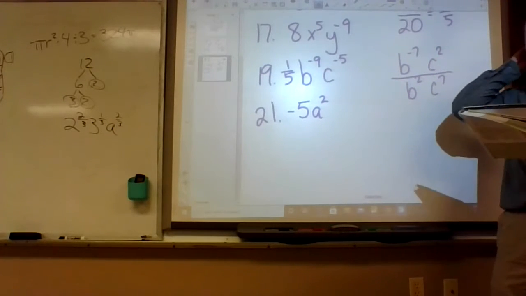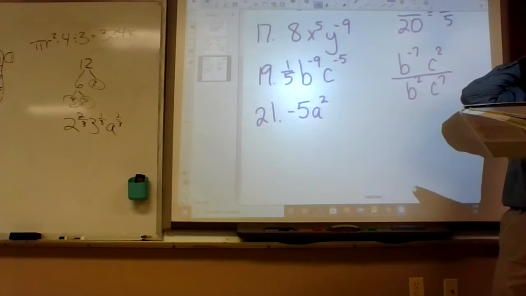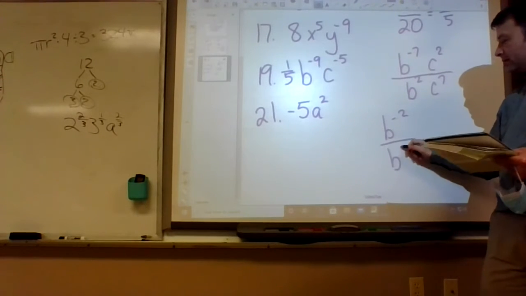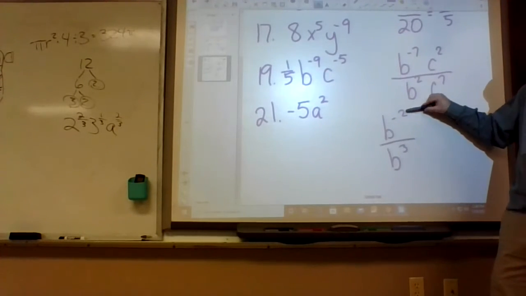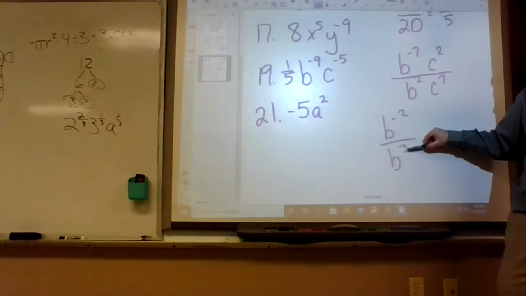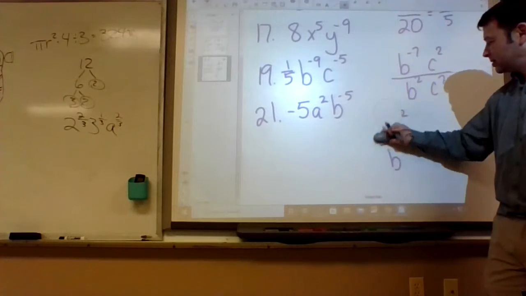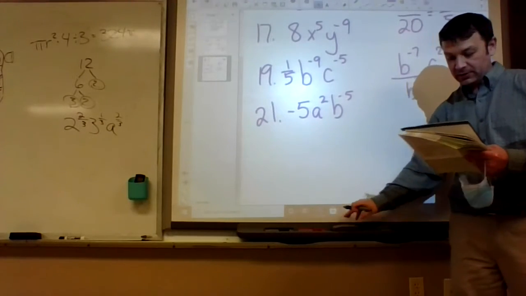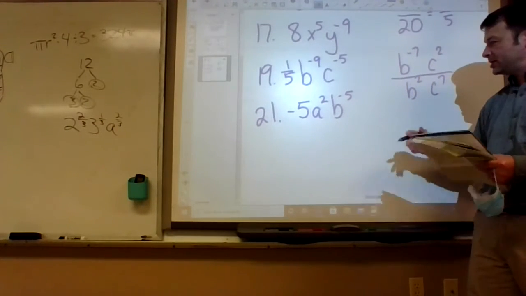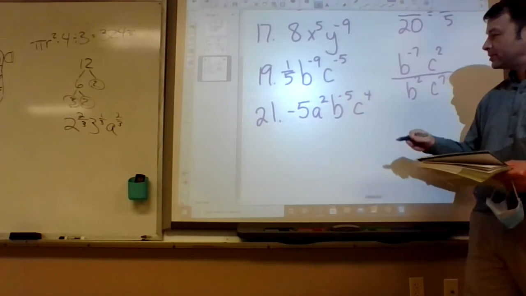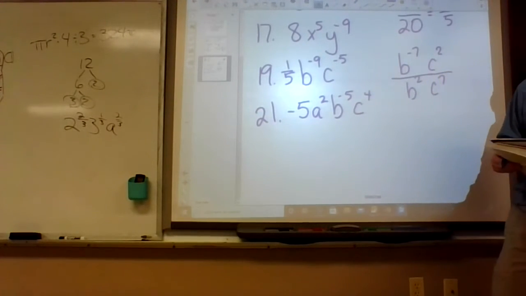And then I see a couple B's. So we got B to the negative 2 divided by B to the 3. So it's negative 2 minus 3. Negative 5. And then, what's the last? C to the 4 has nobody to join up with, and he's already on top, so we're going to leave him alone.